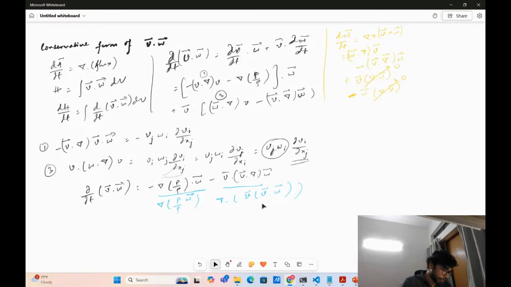But the main idea is that finally you can express this helicity, so del v dot omega, which is helicity, in a form which is del dot p by rho omega plus v dot omega. Okay. So this is the conservative form for v dot omega, which is the helicity. Right? Well, there is a minus.